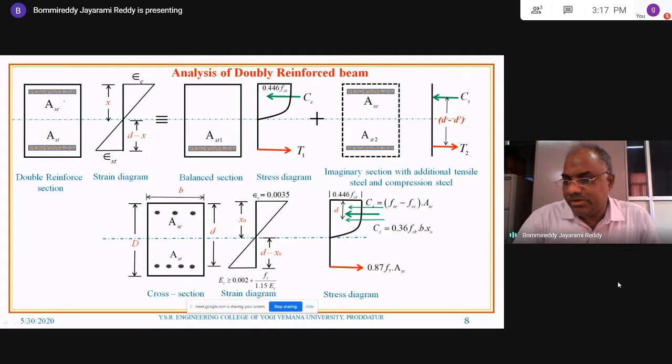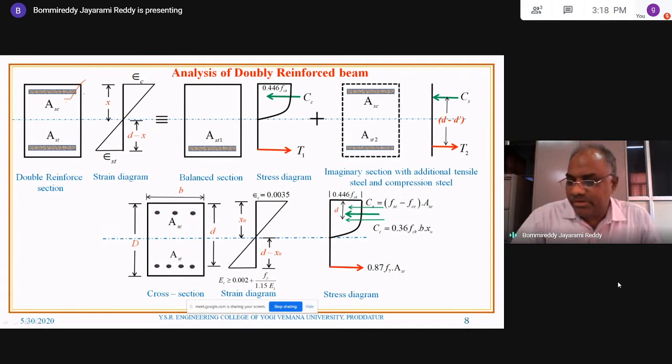The difference is only by providing the compression steel reinforcement on the compression face. So whatever analysis we did in the singly reinforced beam will be considered as it is, and in addition we consider ASC, the area of the compression steel reinforcement, into account. So don't worry about it. Try to understand each and every diagram, and most of the diagrams are similar to the previous ones.